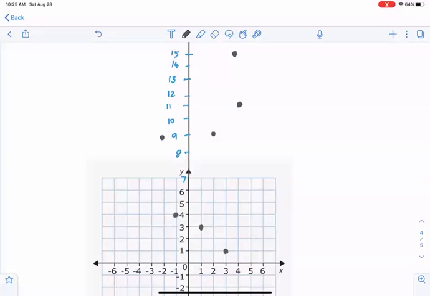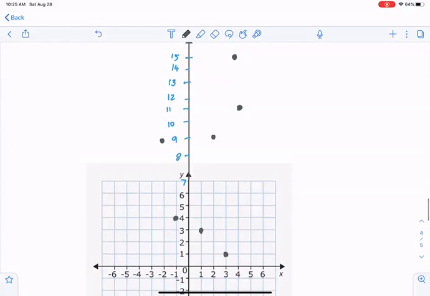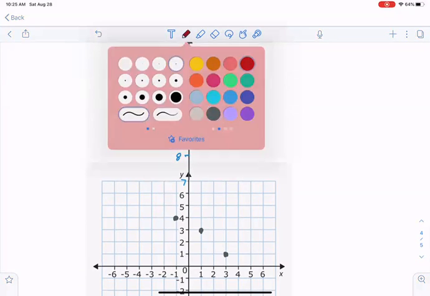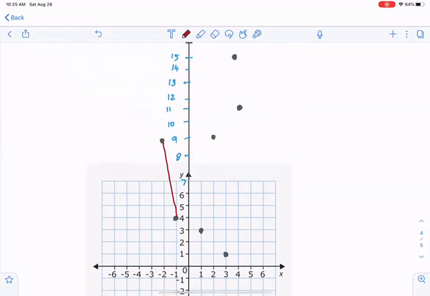So if I had to connect the dots, and if I have to go in order, I'll start right there at -2, go to -1 and come to +1, then go to +2, then come to +3, because they are ordered pairs.